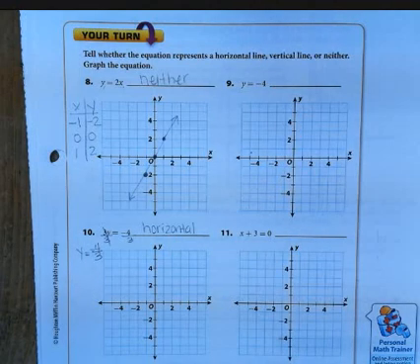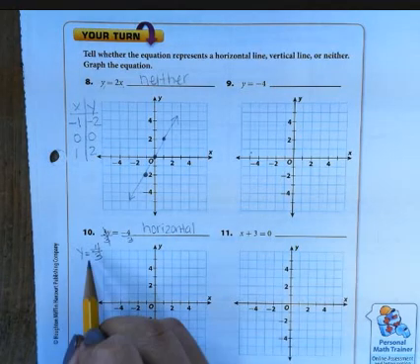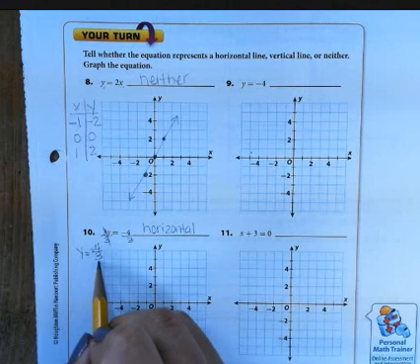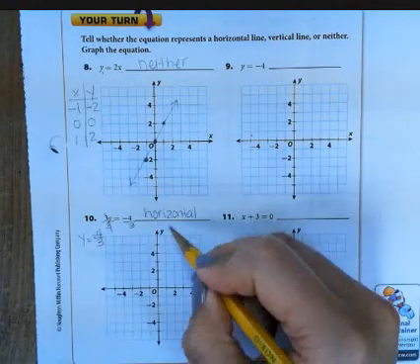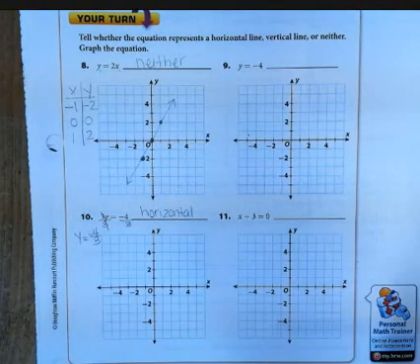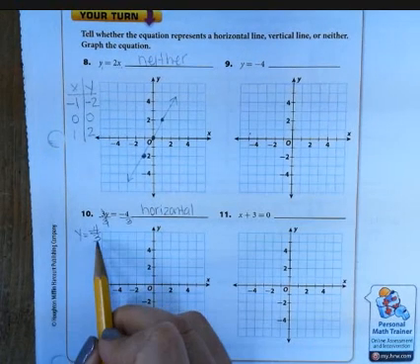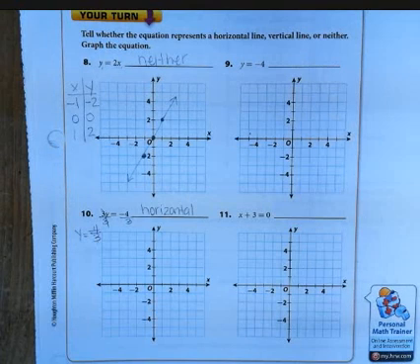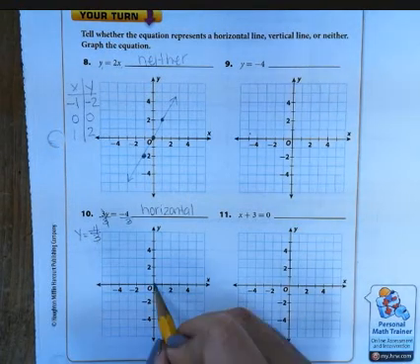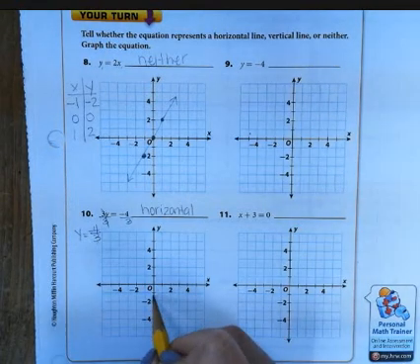And I know that no matter what my x value is, it's always going to be down at the negative 1 1/3, which is the same as that negative 4/3. So I can make my horizontal line just like that. So I want you guys to do number 9 and 11 on your own.